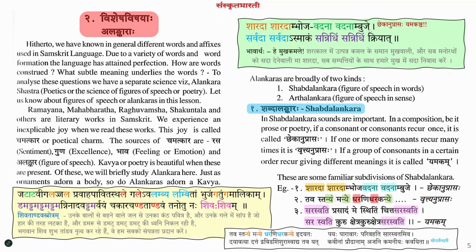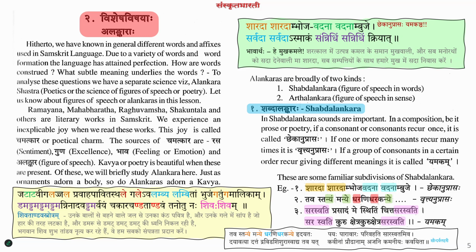But here it is Sharadamboja Vadana, and here Vadanambuje, so there is some difference he is trying to make. Vadanambuje is an address: hey Vadanambuje, hey you with the face of the Kamala. This is the Sambodhana. Sharadamboja Vadana is trying to say something different from what the address Vadanambuja means.